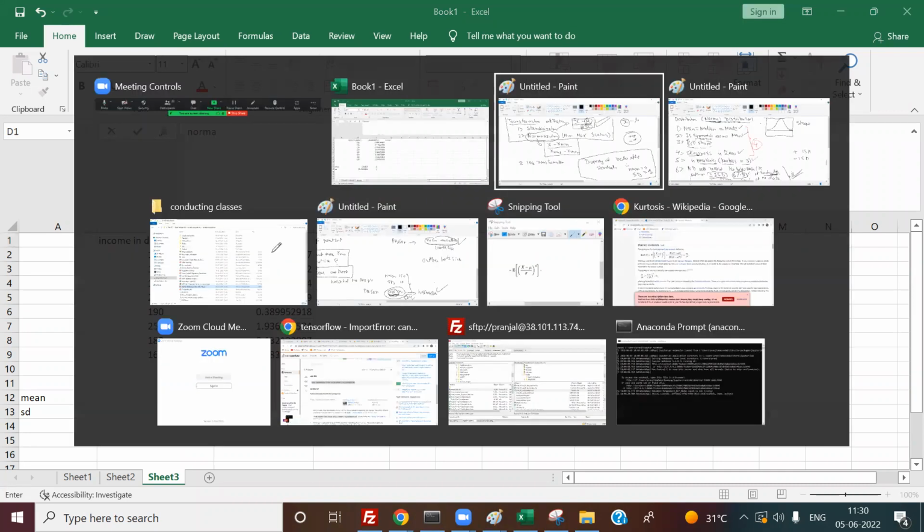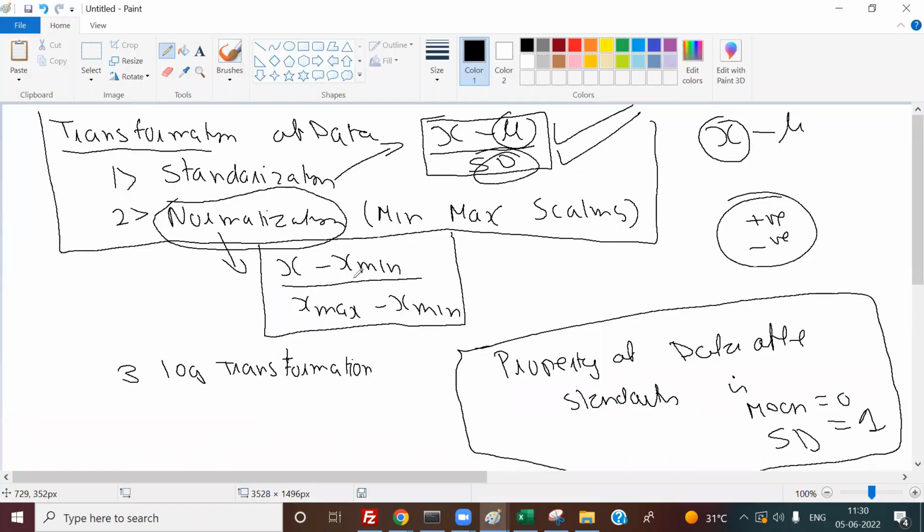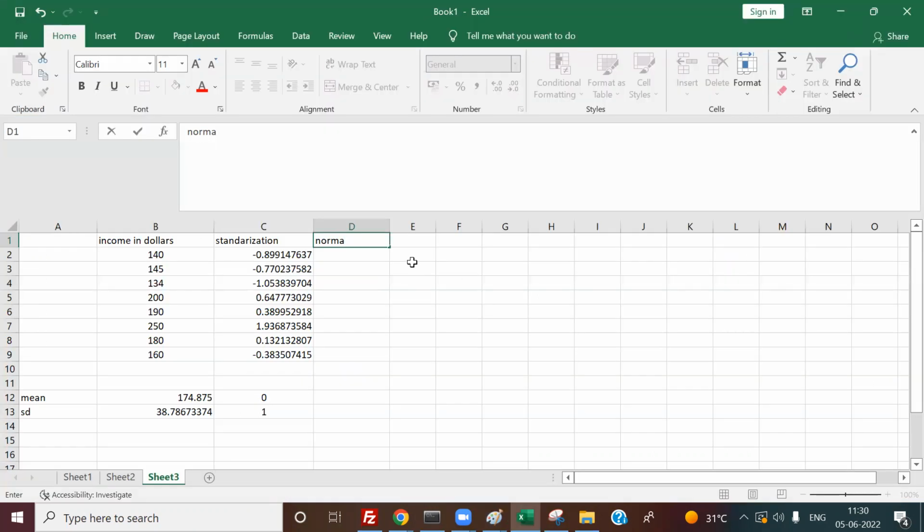Okay, so normalization. In normalization, what is the formula I'm using? x minus x min upon x max minus x min. What is the minimum value in the original data? It is 134. What's the max? 250.